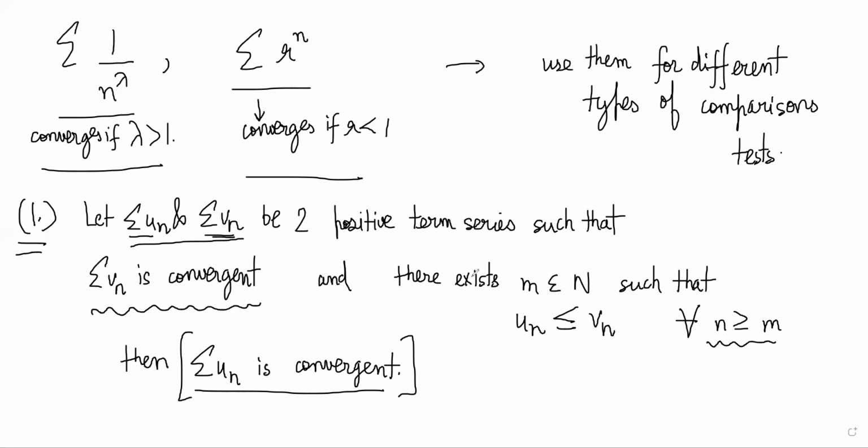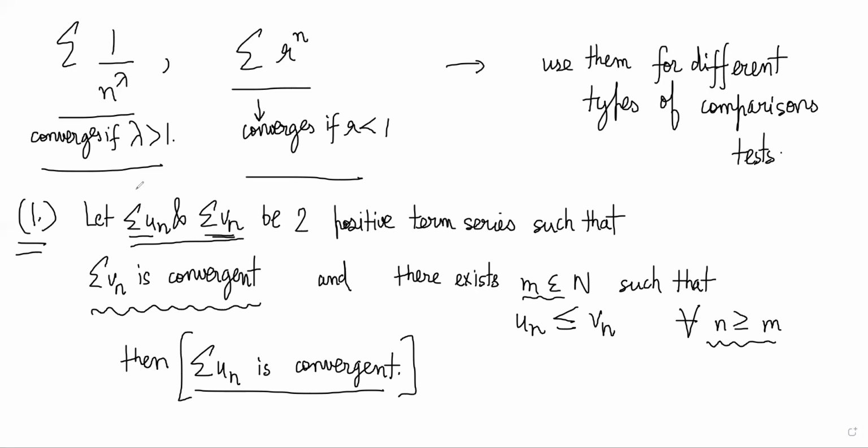Because if there is such an m, there are infinite terms after m, and there are only finite terms before. So if infinite terms are lesser than a convergent series, then the finite part doesn't affect convergence or divergence. Even if we deleted all the terms before m, it would stay the same.